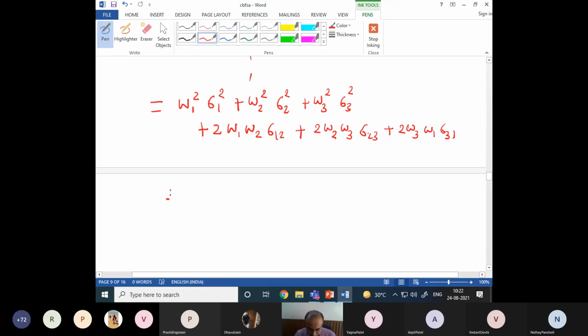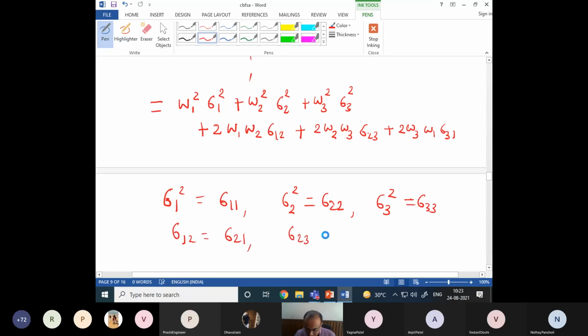Now we use the property of variances and covariances, where sigma 1 square I can write as sigma 1 1, sigma 2 square as sigma 2 2, sigma 3 square as sigma 3 3. Also sigma 1 2 is the same as sigma 2 1, sigma 2 3 is the same as sigma 3 2, and sigma 3 1 is the same as sigma 1 3, right?